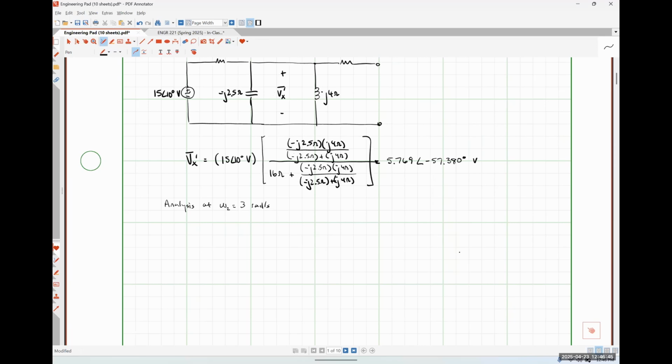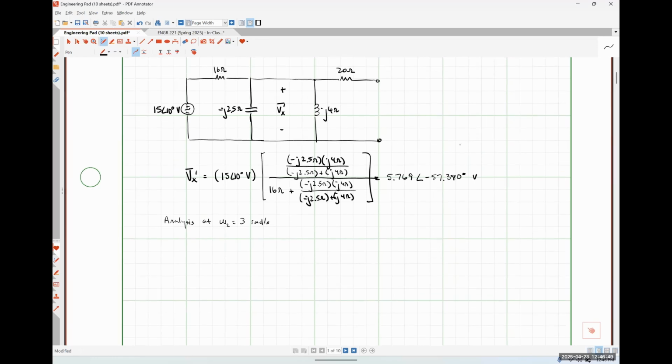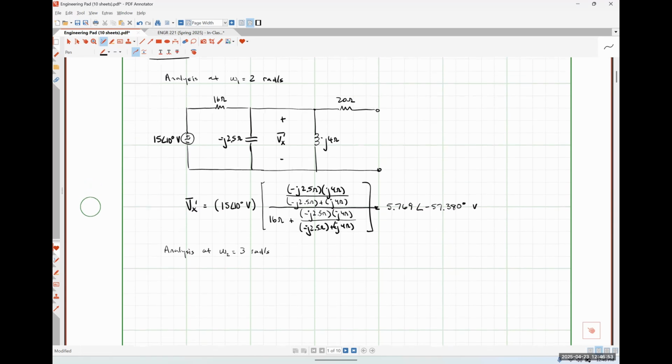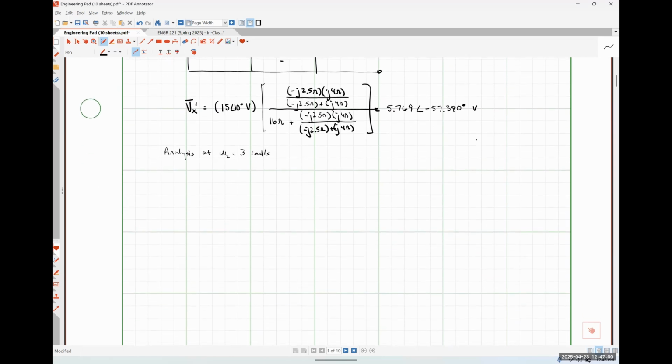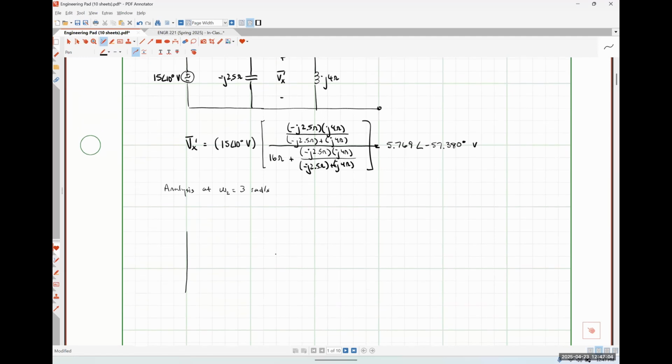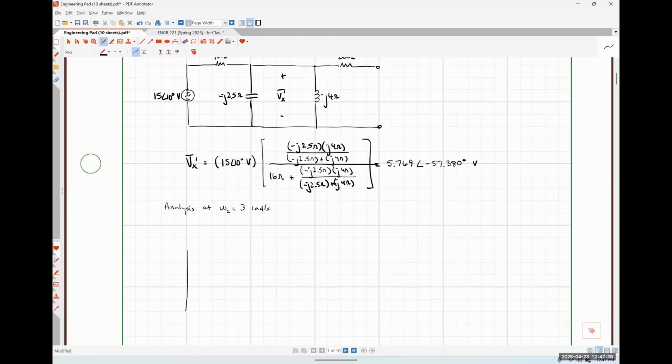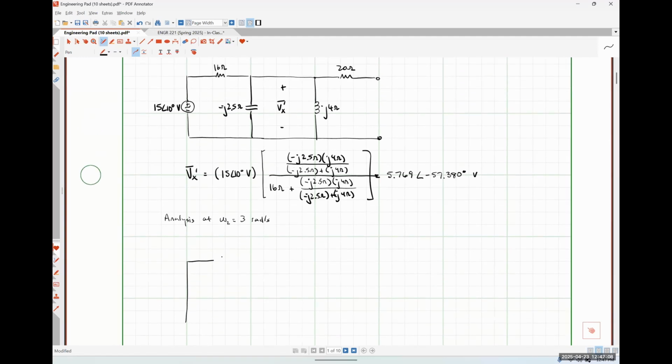Yeah. So now we're going to analyze our circuit at our second frequency of interest. So in this case, this is essentially the case where our current source is on and our voltage source is off. So I'm replacing my voltage source with a short circuit because it's an off voltage source. Here is my 16 ohm resistor.